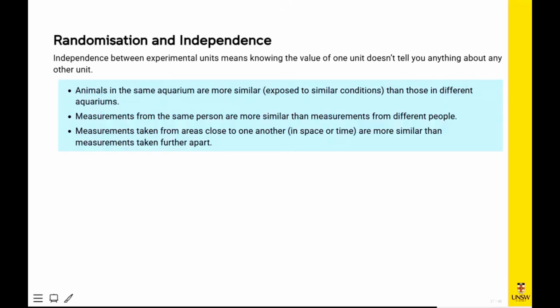Measurements in the same person are more similar than measurements from different people. And in space, measurements taken close together, or in time, measurements that are soon after one another rather than more separated in time, are more similar. So those are some examples of where dependence exists in your data. And that must be taken into account in your experimental design and your analysis.